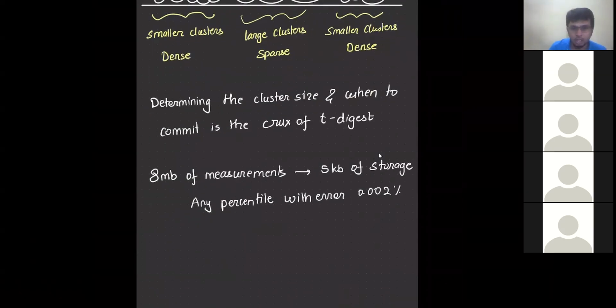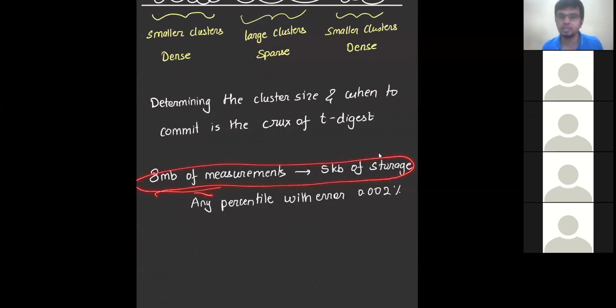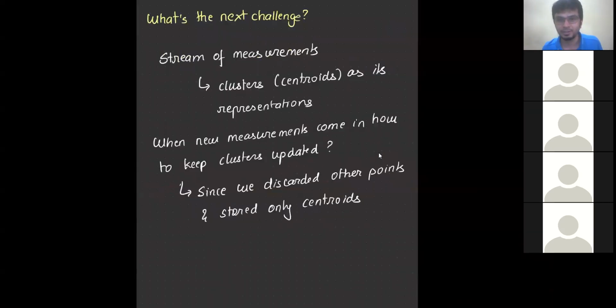Now typically, if I give you the number, this is something I found on a particular blog: 8 MB of measurements just took 5 KB of storage with a percentile error of 0.002, which is insanely small error. So you can see that just by giving up on a 0.002% error rate, you are getting such a big gain in your storage, which means faster computation.